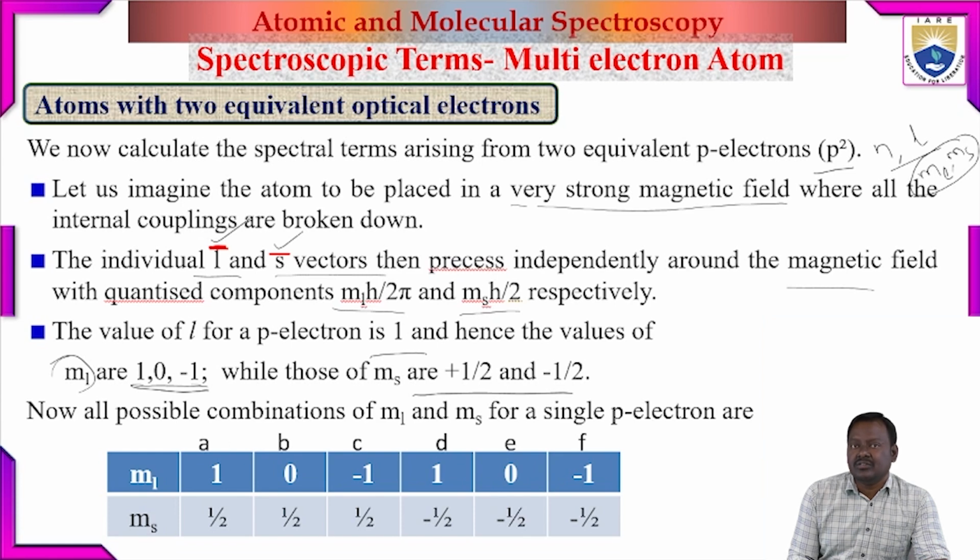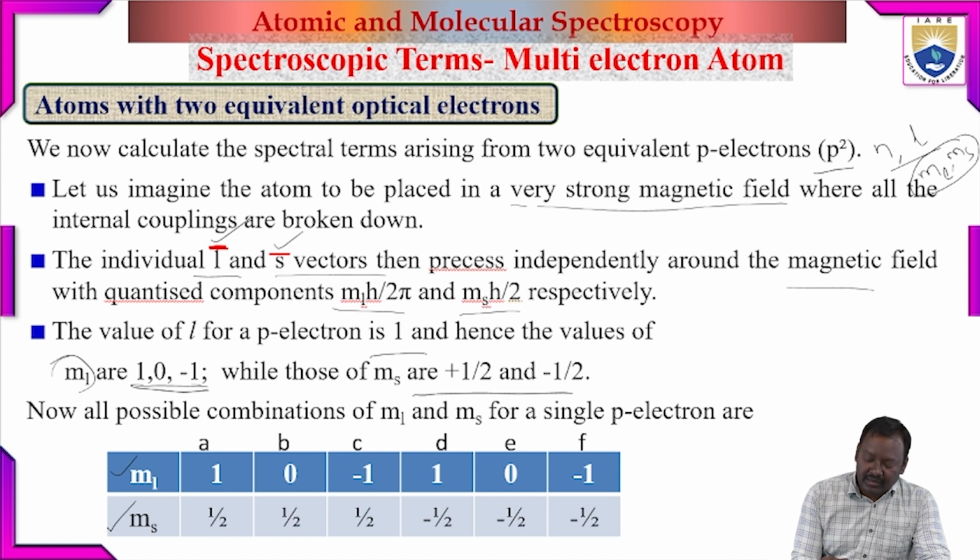So those 2 values, ml and ms values, must be different for the two electrons. These are the possible combinations of ml and ms values for the two electrons.